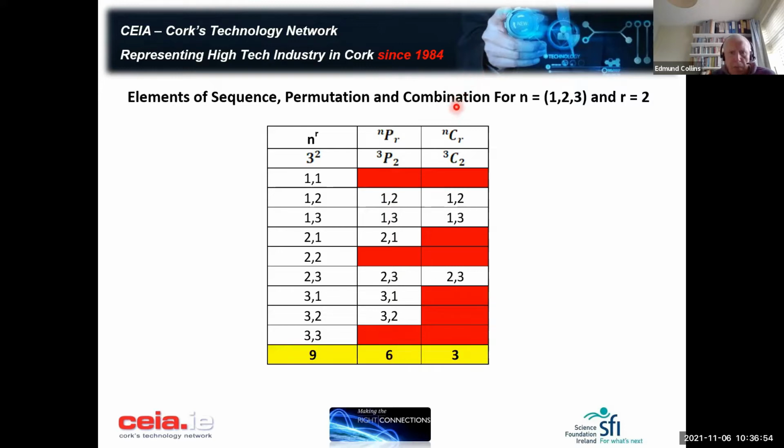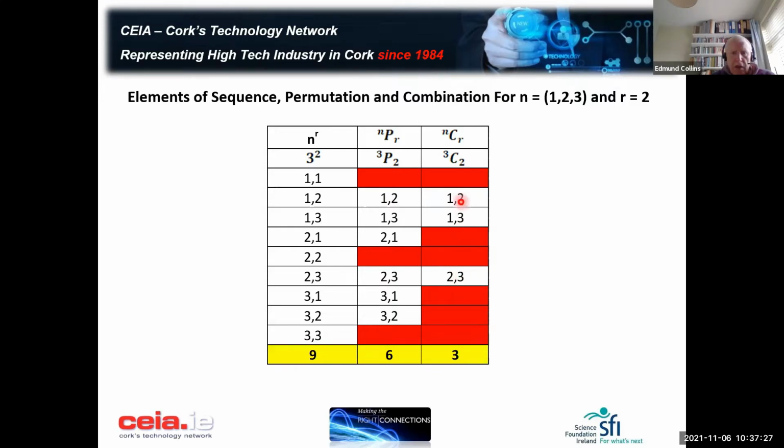And finally, then, with our combinations, the nCr, with n being 3 and r being 2, it's quite similar to the permutation in that 1,2 and 1,3 are allowed, but 2,1 isn't allowed, because in a combination, 2,1 is considered the same as 1,2, so we can't count it twice. 2,3 is allowed, but 3,2 isn't allowed, or 3,1, because that would be counting it again twice.